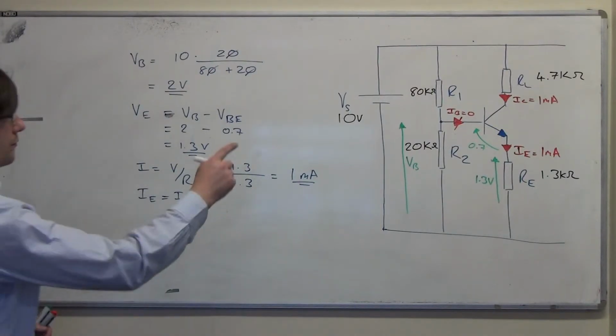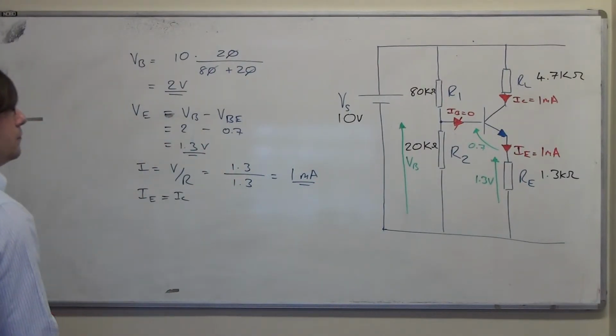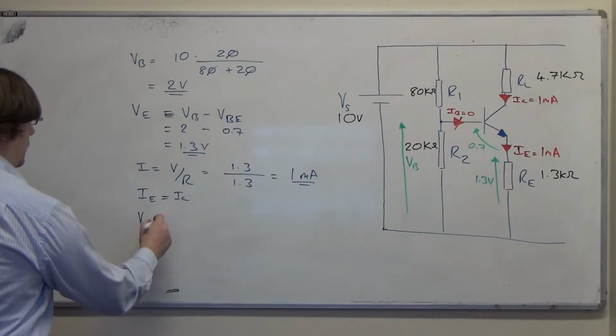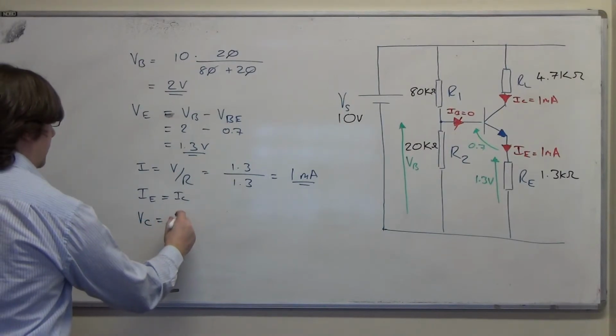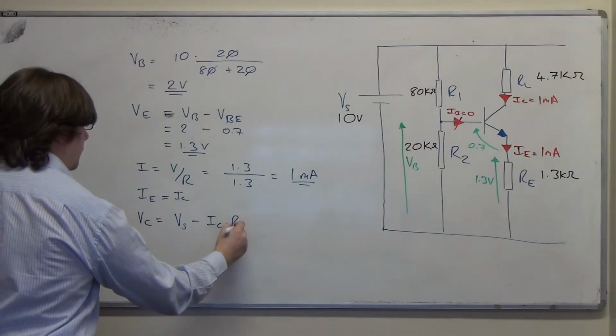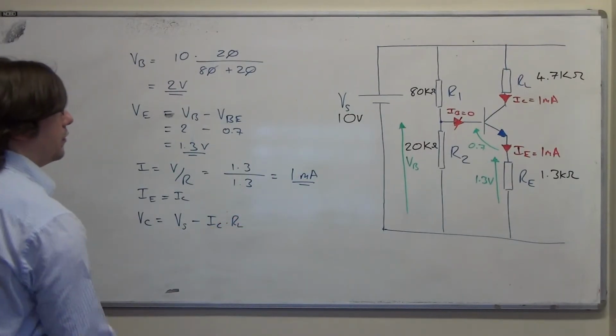Right, so we have IC now, and we know what VS is, 10 volts, so if I was interested in what VC was going to be, I'd say it's VS minus IC times, oh wow, well I've got IC, it's 1 milliamp.